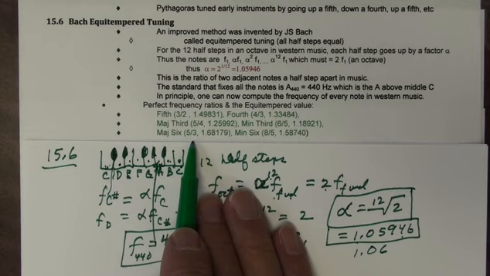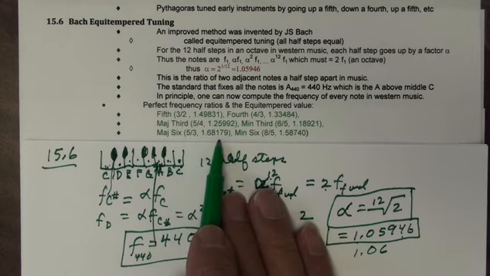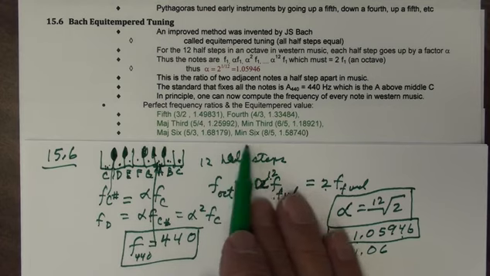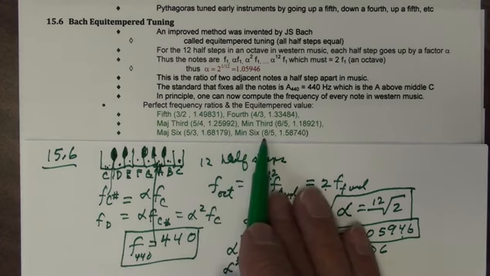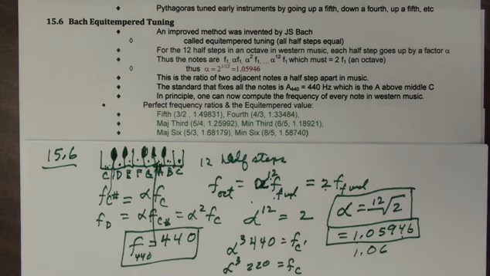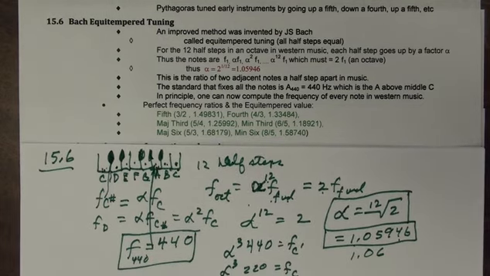It's 5 to 3, which is very close to this equitempered term, and a minor 6 is 8 to 5, which is this term here. So all in all, this tells us that the Bach method is a little bit sharp, a little bit flat in places, but all in all, it allows us to do something we could never do before. We can play in any key, which we could not do until the time of Bach, because we're simply moving in half steps, and the interval ratios of those half steps are the same no matter where we stop and where we end up.